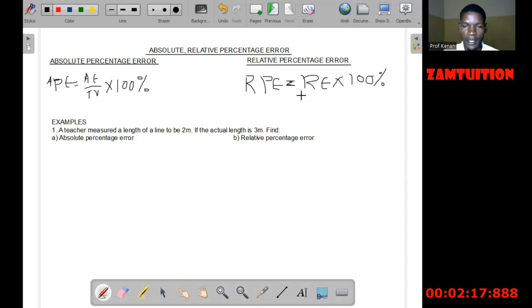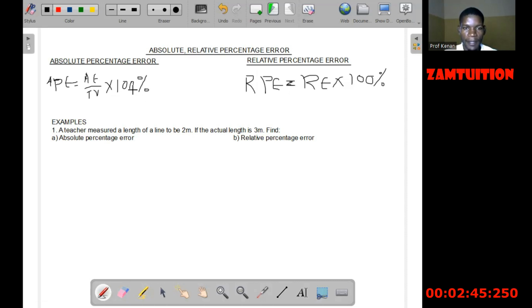So these are the terms which are there. APE stands for the absolute percentage error, AE stands for the absolute error, and TV stands for the true value. RPE stands for the relative percentage error, and RE stands for the relative error. So these are the formulas that are used.